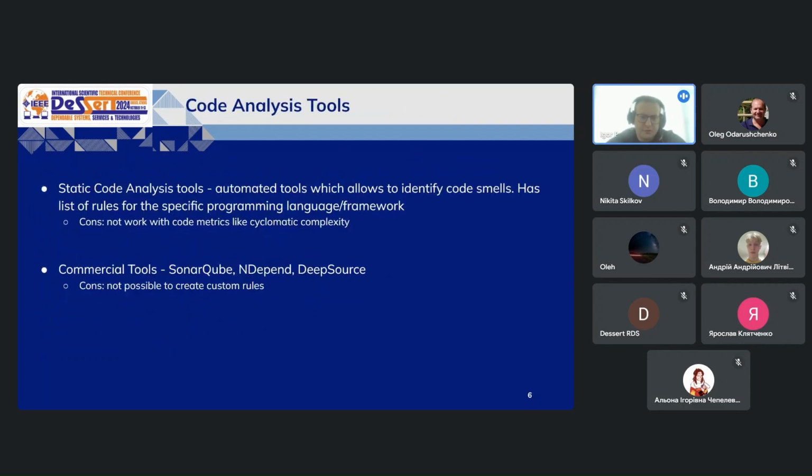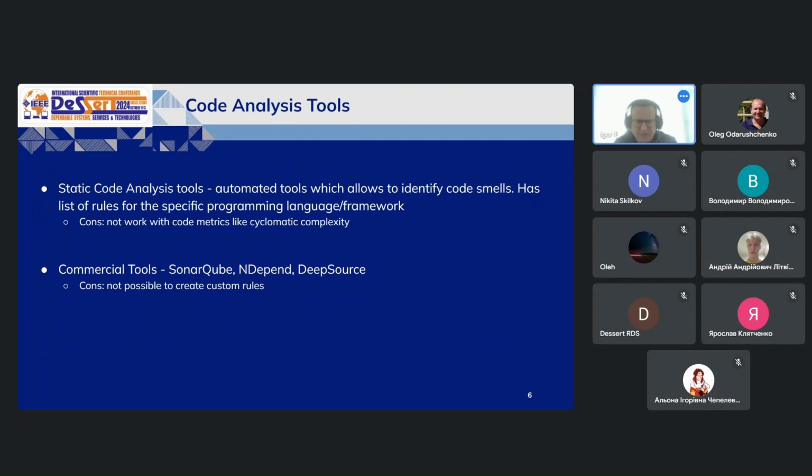So let's speak about code analysis tools. Basically, there are open source and commercial static analysis tools. Open source and free tools have a list of their own rules, and they are more related to identifying simple code smells, for instance, wrong naming conventions.